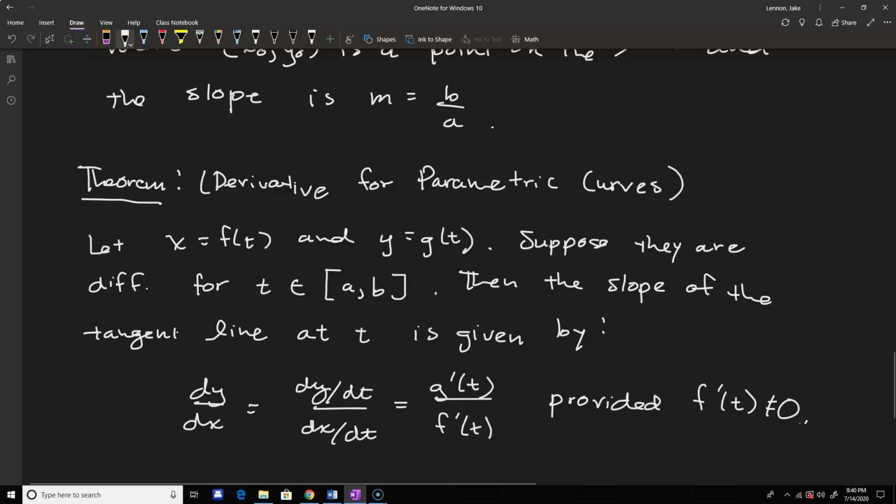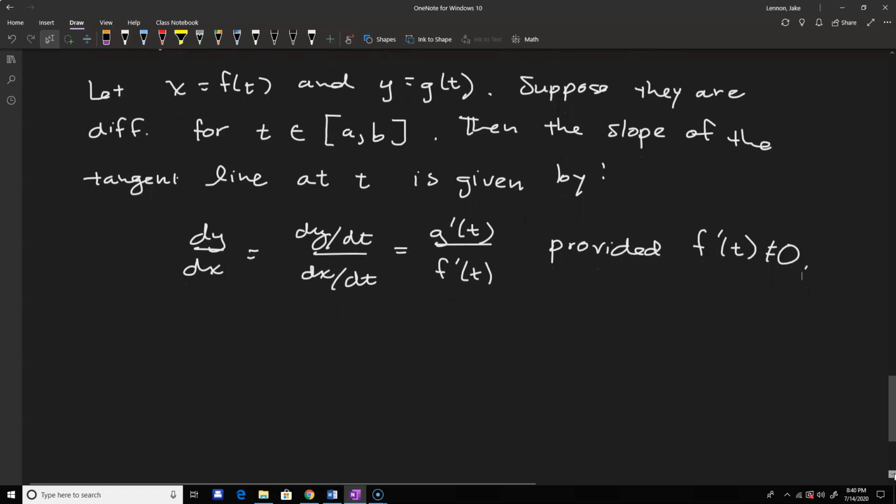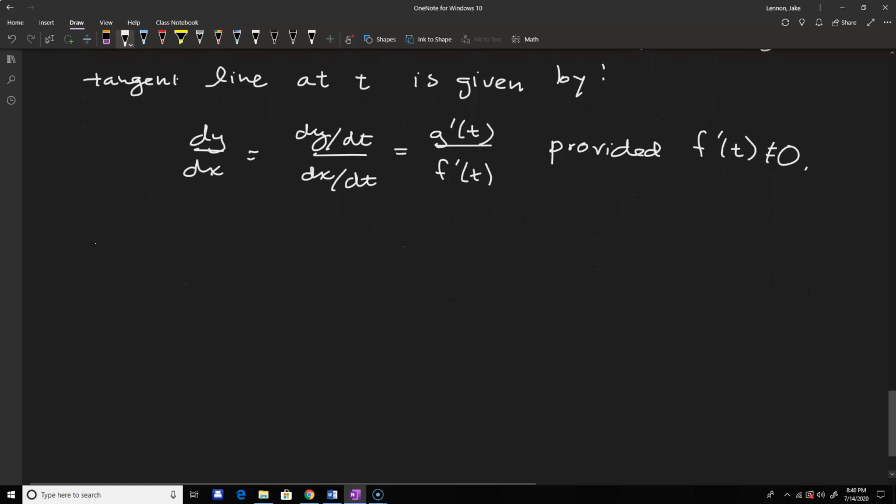Let's go ahead and do one such example. We'll do this, then we'll do one with arc lengths, and then that will be it for this first section. So, what do we want to do?